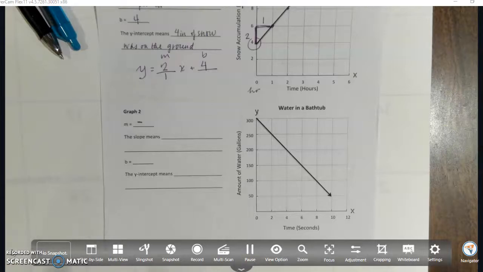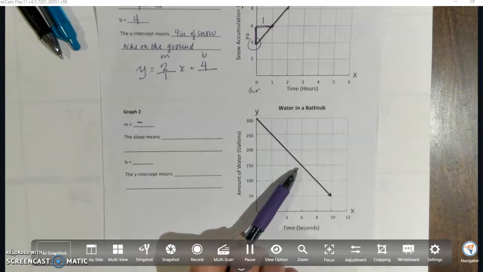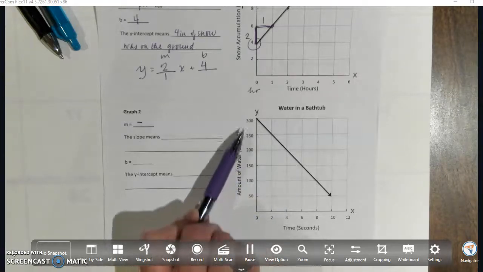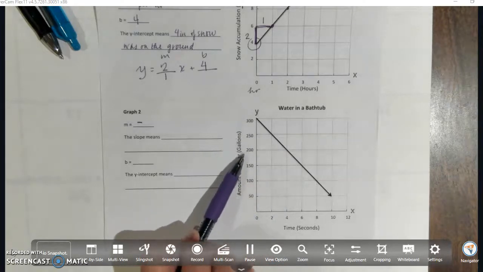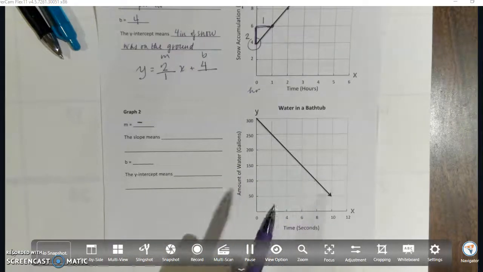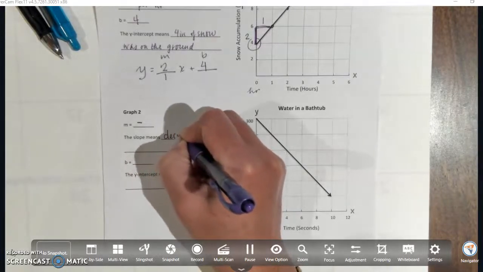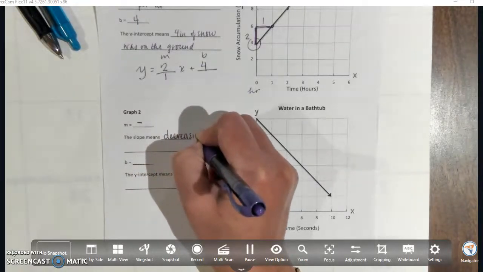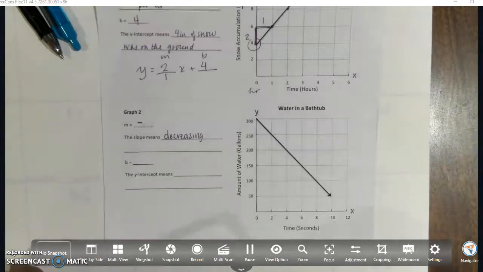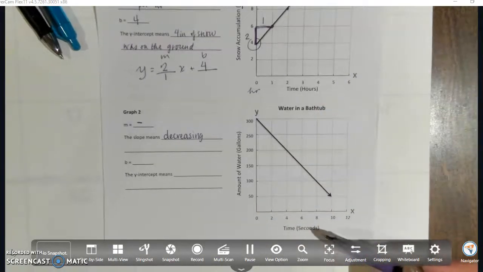Also, keep in mind, this particular line is falling. Well, if it's falling, look at your y values. You were at 300, 250, 200, so your values of y are decreasing. We can write this in our meaning as well to help with that interpretation. What we have going on is a water-in-a-bathtub situation, and it's just draining.